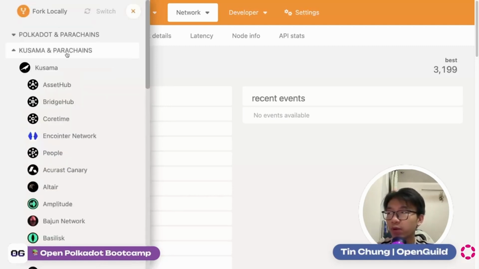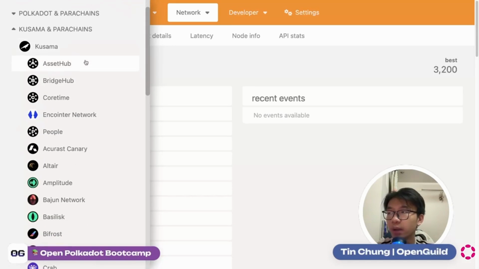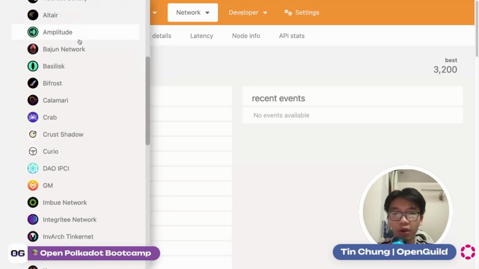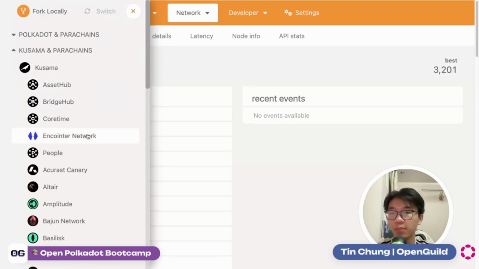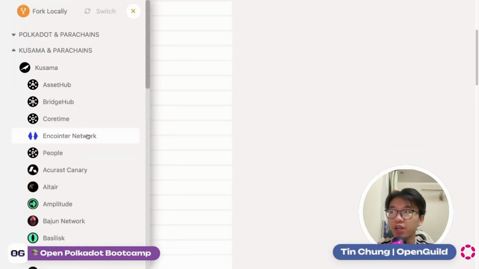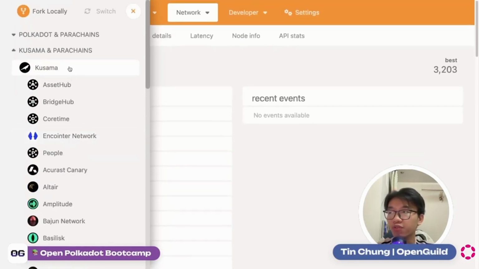But later, if you want to test the economic model of your blockchain, for example if you build a DeFi parachain, you might want real money and real liquidity coming to the chain. In that way, you might want to consider pushing to Kusama. Or sometimes you want to test new features of the Polkadot protocol, so you can also deploy on Kusama first before they go to Polkadot.